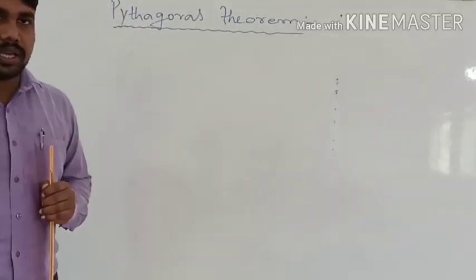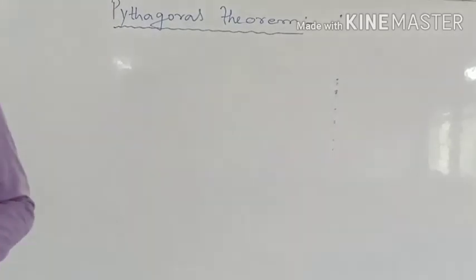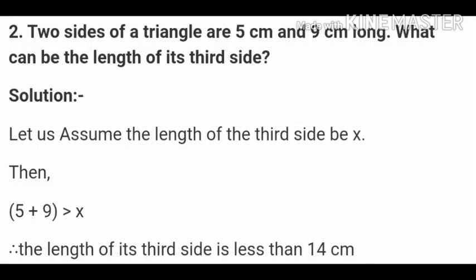Now let's try to solve some questions from the exercise. Here in question number 2, two sides of the triangle are given and you have to find the third side. We know the third side length should not be more than the sum of these two sides.